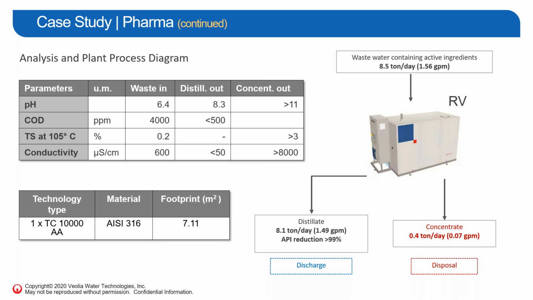Normally, they truck off the water, but with the Evalet, they were able to separate the water from the API with a reduction of 99% of the API, or higher than 99%. It means that the water was clear, and they were able to send it directly to the sewer. On the other hand, they had around 5 to 7% of the water to dispose, but we save 93% of their initial cost.